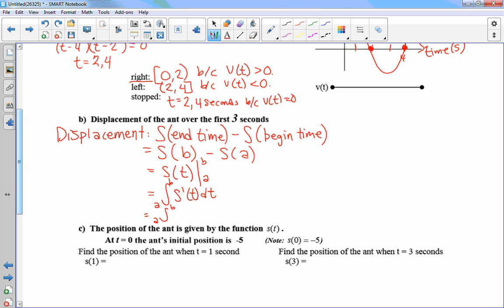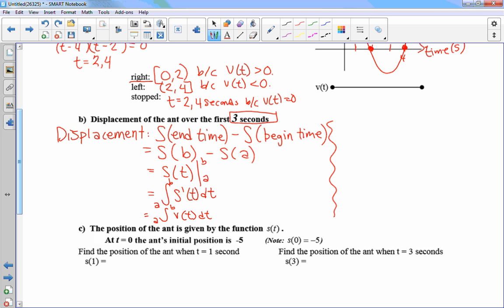So, I know the velocity function, all we have to do is integrate it from A to B, and it tells us our displacement. Okay, so let's find the displacement for the ant from 0 to 4. Actually no, excuse me, it's not 0 to 4, but 0 to 3. So what does that mean we need to do in order to find the ant displacement from 0 to 3?